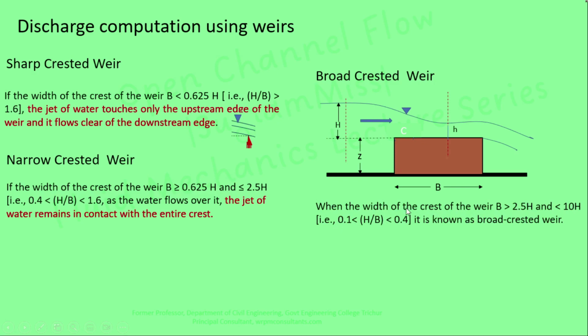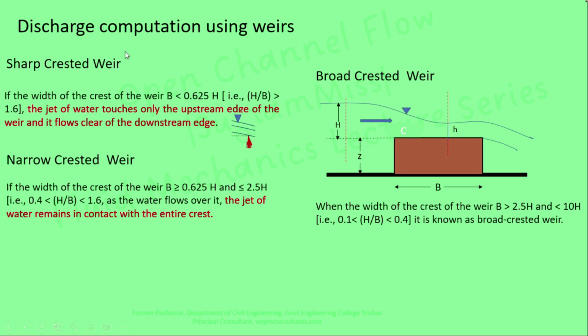When the width of the crest of the weir is higher than 2.5 H and less than 10 H, it is known as broad crested weir. In the case of a broad crested weir, when the flow approaches, it flows over the entire crest. At the same time, the water surface drops when the flow takes place over the weir crest. That is due to the increasing flow velocity.